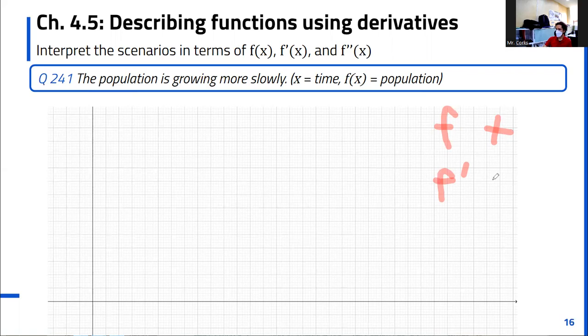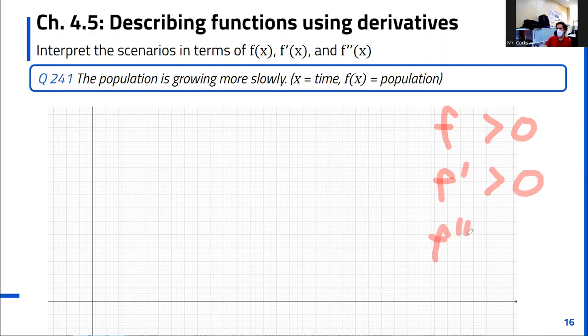If a function is going up, then that means it has an upward slope. So positive slopes are greater than 0. First derivative is just slopes, so first derivative is greater than 0.